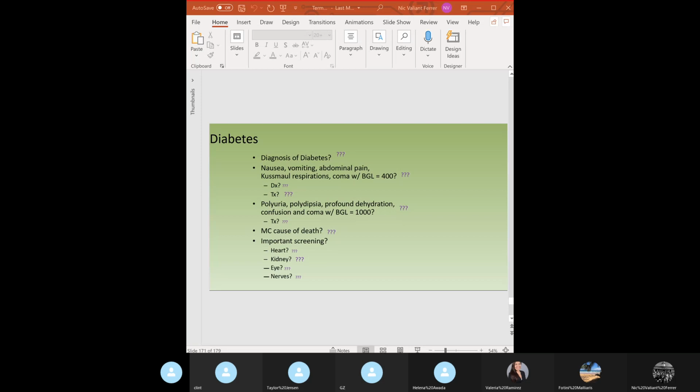It's the MUDPILES, right? Yes. So methanol, M; uremia, U; DKA, D; paraldehyde, P; iron, I; what else is in there? Isoniazid, I; lactic acidosis, L; E, inborn error, yes, ethanol, ethylene glycol; S, salicylate or aspirin. Those are your MUDPILES.